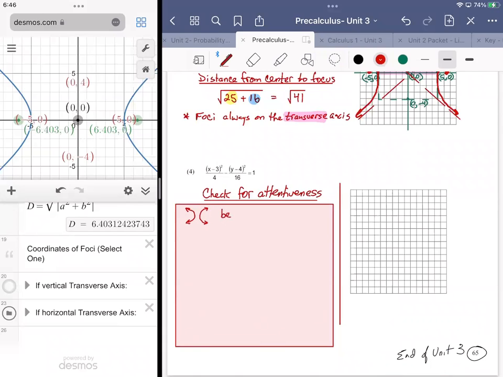And that's because x information comes first in the equation. All right, which makes it a horizontal transverse axis.